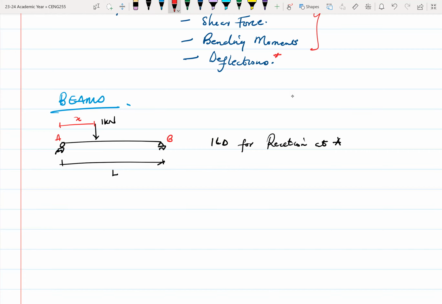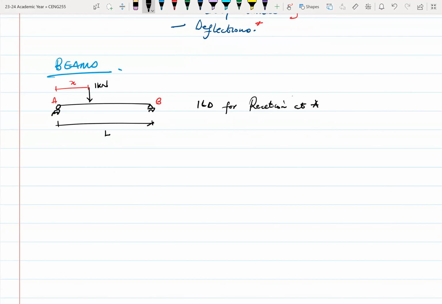So in simple terms, let's make L 10 meters for simplicity's sake. So let's say the same beam.